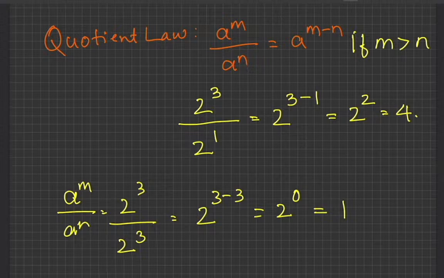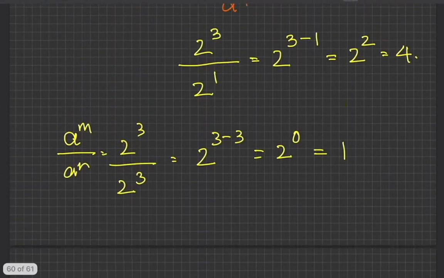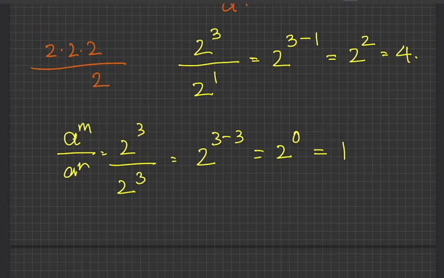Maybe we will take it up in detail why 2 to the power 0, but just know that if I have 2 to the power 3, that is 2 times 2 times 2 divided by 2 to the power 2, that means it is 2 times 2. So now I cancel out this 2 and this 2, then what's left out is this 2. So that is why it is 2 to the power 1.